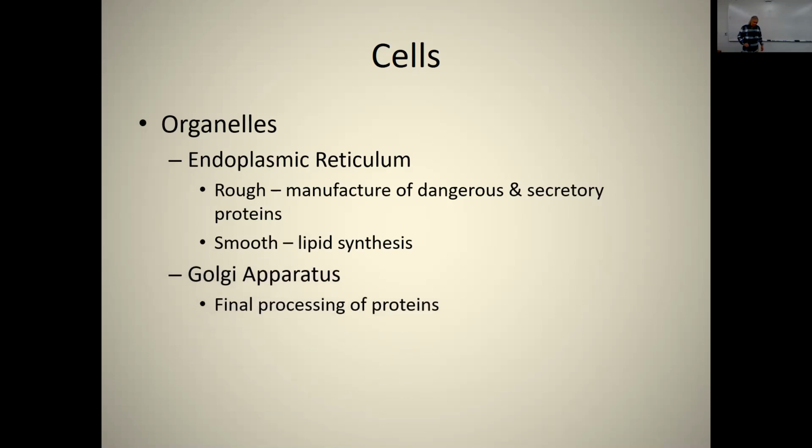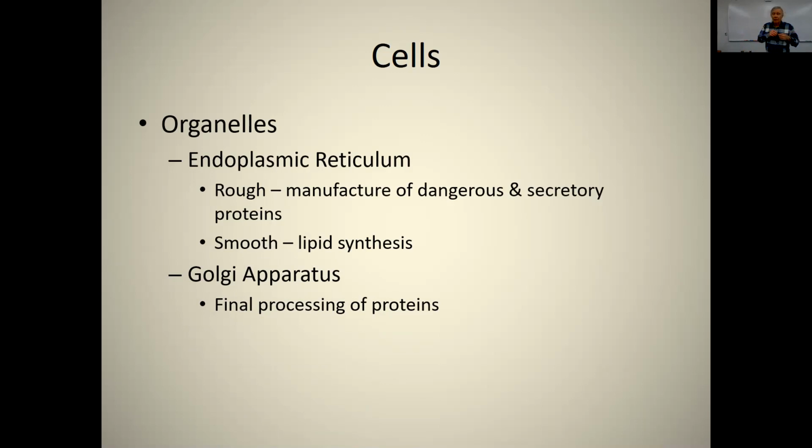Then the Golgi apparatus. Once a protein is made in the endoplasmic reticulum, it's sent to the Golgi apparatus, which is a stacked series of membranes where the finishing touches are put in. The proteins are detailed, changed, final processing of proteins.